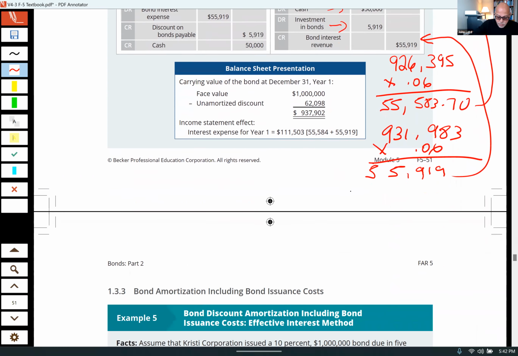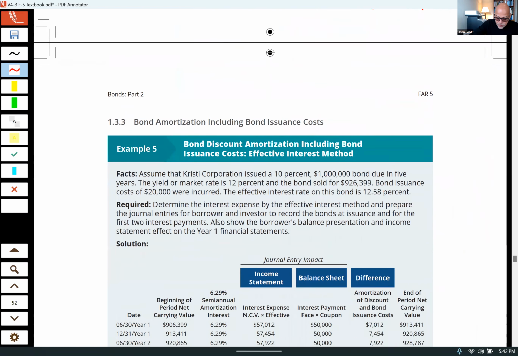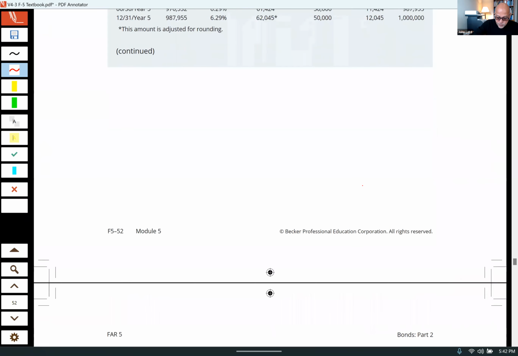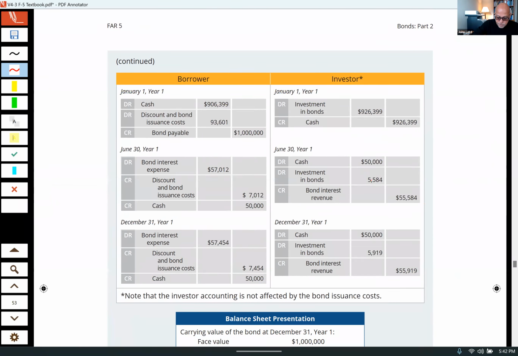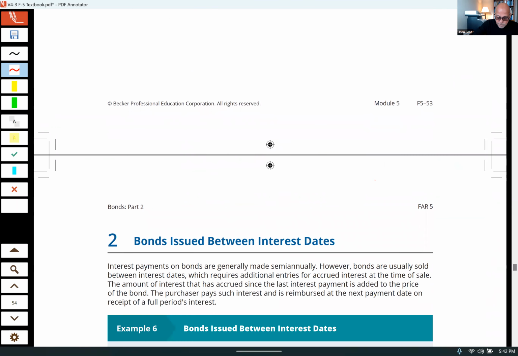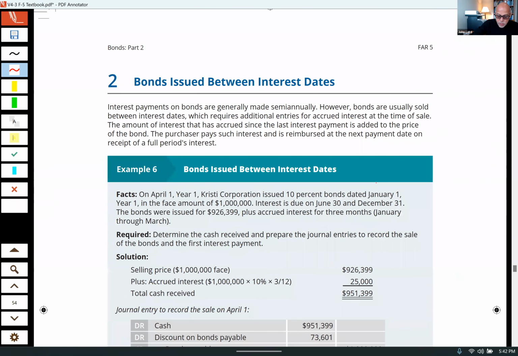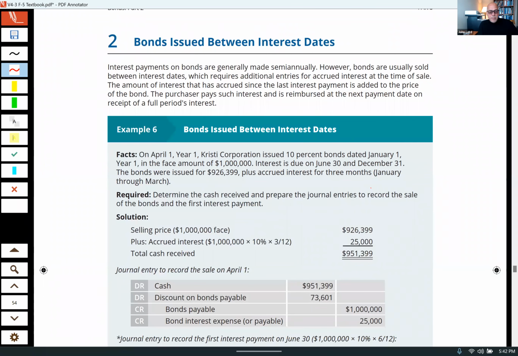Okay, good. Let's come over and take a look at what happens when bonds are issued in between interest payment dates. Now, what happens? The bond is dated, say, January 1st, but not everybody shows up on January 1st to buy those bonds.